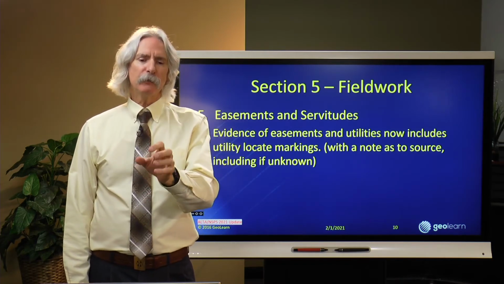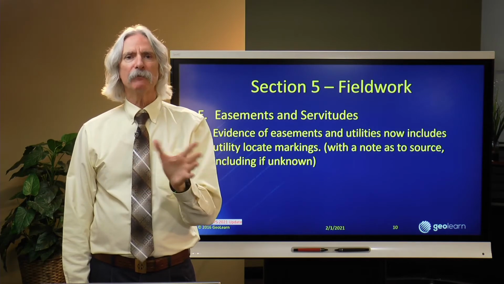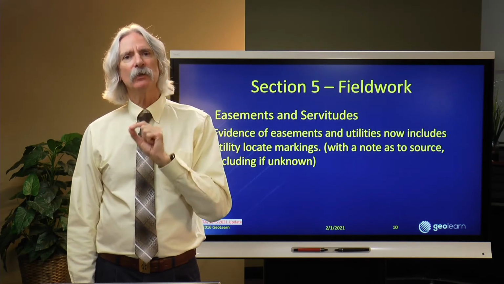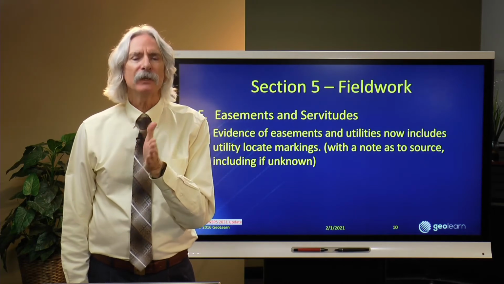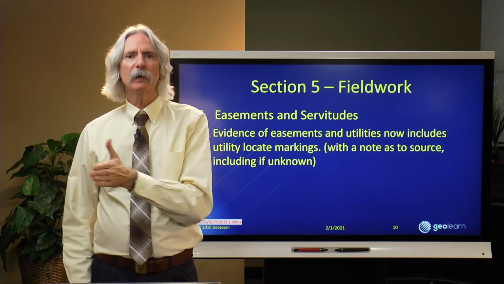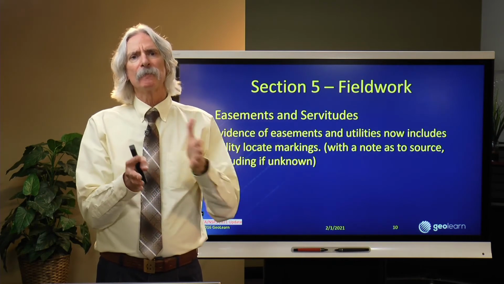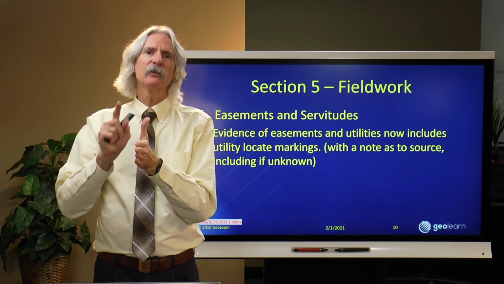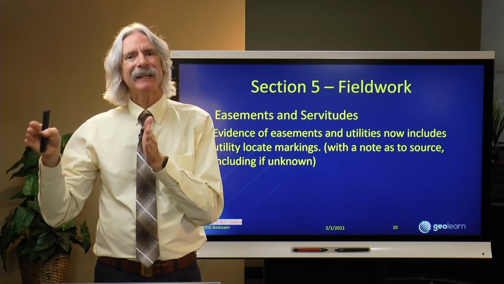And what 5E4 says is that we need utilities within 5 feet of the boundaries, just like everything else, unless it's a utility pole, in which case, if it is within 10 feet of the boundary, in other words, off the property, if it's on the property, any utility features on the property we need to show. Utility features within 5 feet we need to show unless it's a utility pole, in which case we need to show if it's within 10 feet.